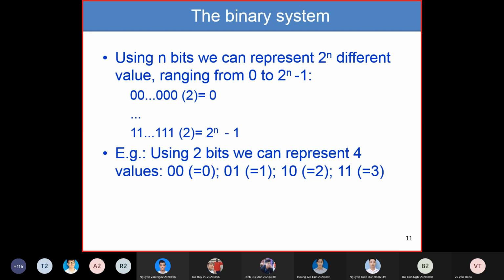For example, when we use 2 bits, we can represent 2 to the power 2 equals 4 values. And those are 00, 01, 10, and 11.